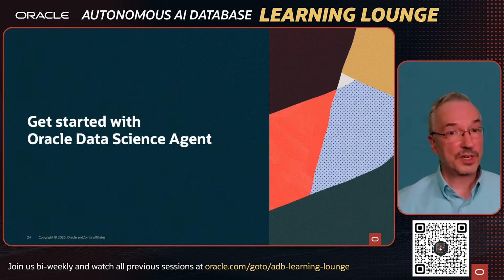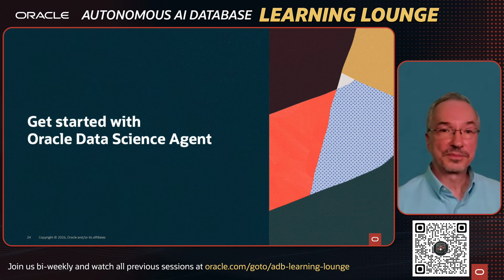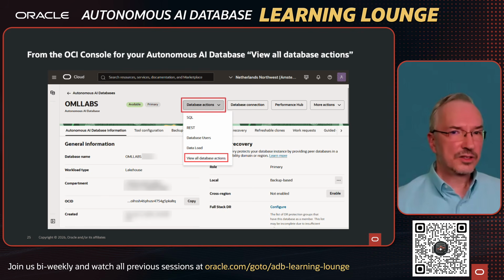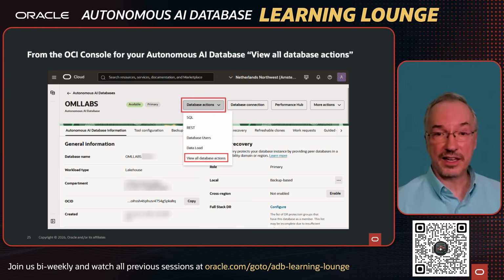So as promised, now we'll cover how to get started with the Oracle Data Science Agent. This is the practical next step. To start, we want to navigate to the Oracle Machine Learning user interface on Autonomous AI Database.